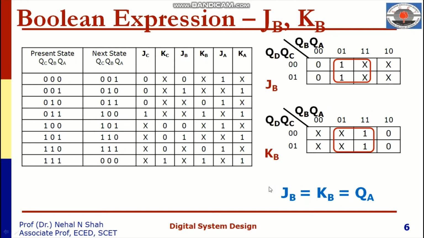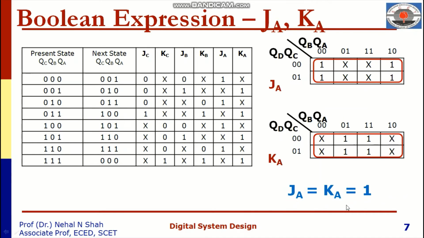Using a similar process, we can identify from the K-map of JB-KB that its Boolean expression is QA. A similar process is used to identify the Boolean expression for JA, which is the same as KA and which is logic high, that is 1.